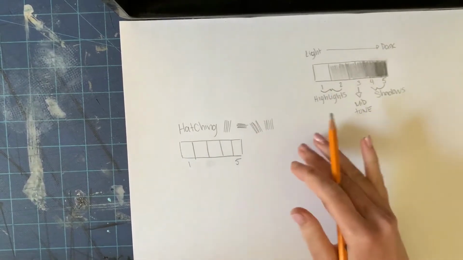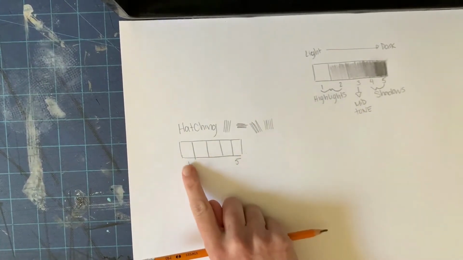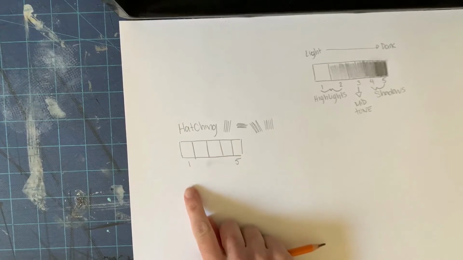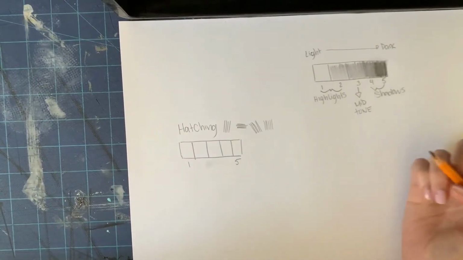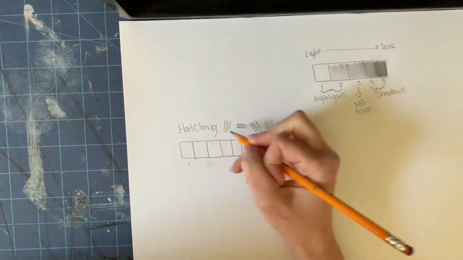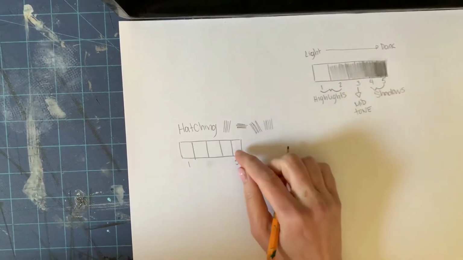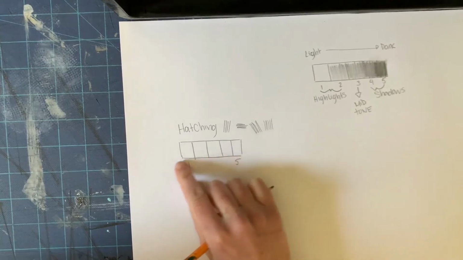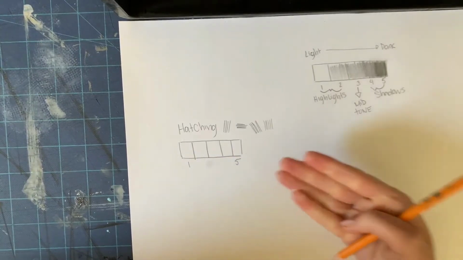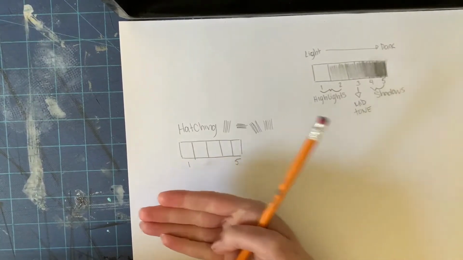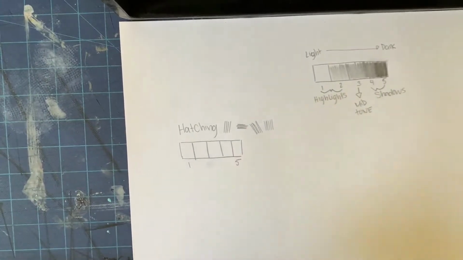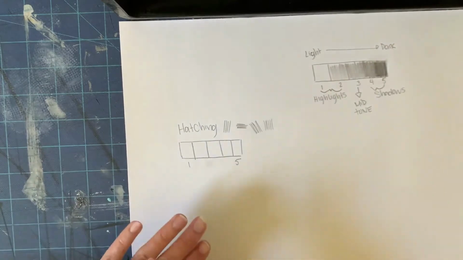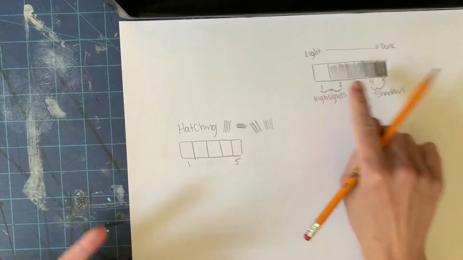This is just the technique that we're going to use in order to create our value scale for hatching. Okay, and so I'm going to take one of these directions and start filling in each box, and as I continue towards 1, I'm going to loosen my pressure and not add as many layers on top of one another to make it appear as if it's lighter.